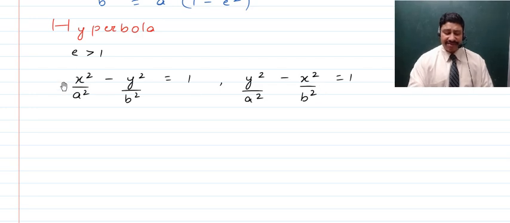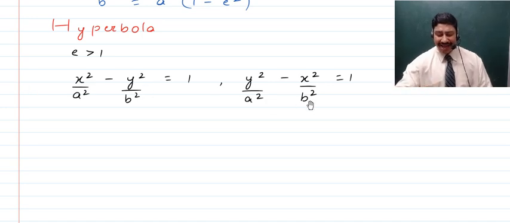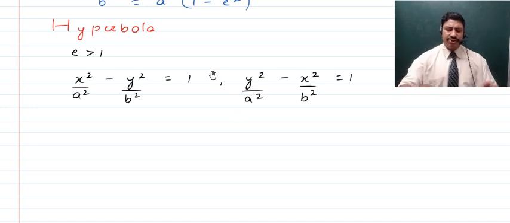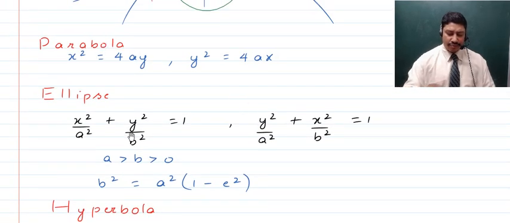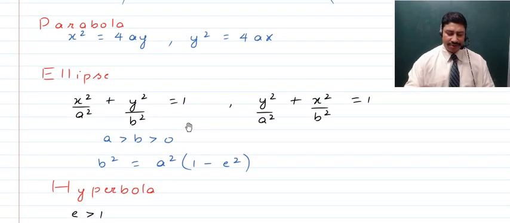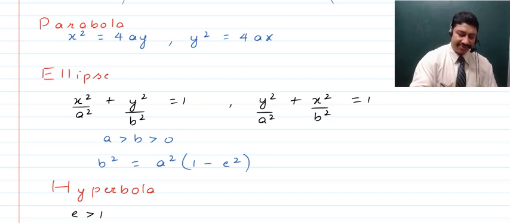That is, if with x square you have a positive sign, then it's a horizontal hyperbola along the x-axis. Now along the y-axis, it's a vertical hyperbola when the term with y square is positive, right? So these were few facts that we discussed about a parabola, an ellipse, and a hyperbola. We talked about their eccentricities.